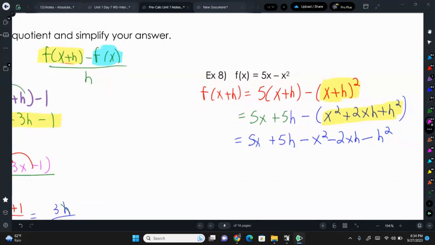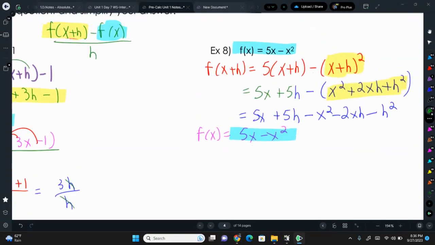And again, we know that f of x is just what we were given. All right, so now we're going to plug those into our difference quotient formula up on the upper left. So we have x plus h, which we have 5x plus 5h minus x squared minus 2xh minus h squared minus f of x, which is 5x minus x squared, all over h.